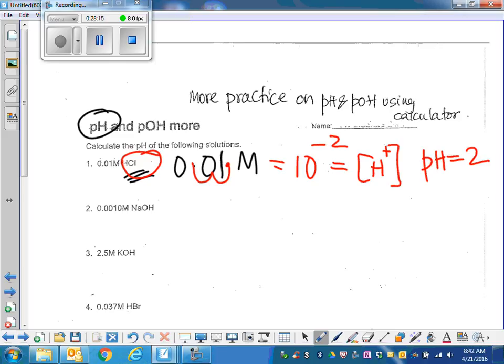Because pH is the power. Yes or no? Is pH the power? Is it the negative log of? Did we just do that, Luke? Alright? So the next substance is, what is it? It is a base. Guys, it looks very easy on the surface.